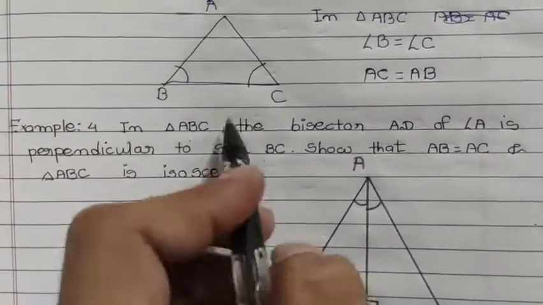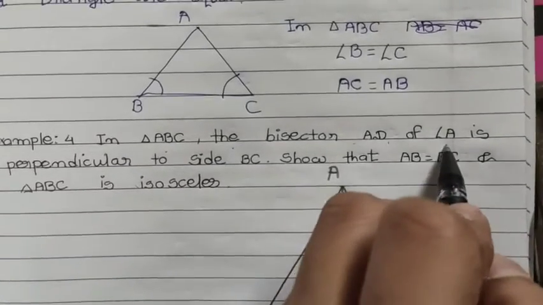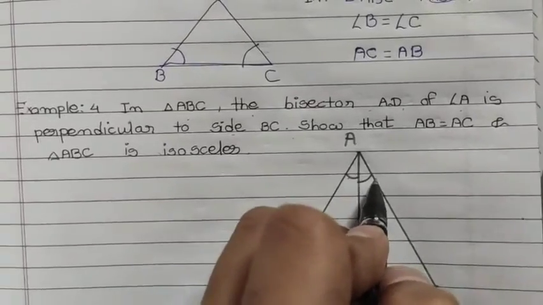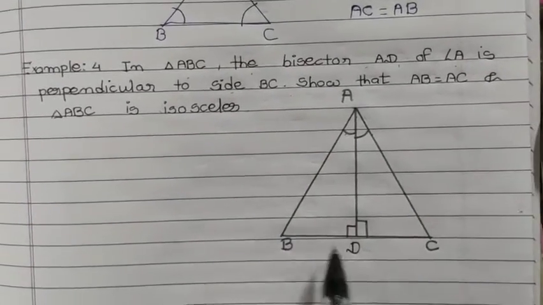In triangle ABC, the bisector AD of angle A is perpendicular to side BC.